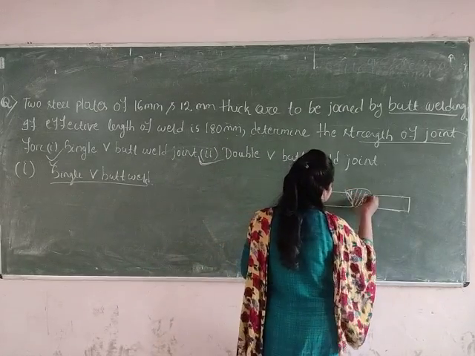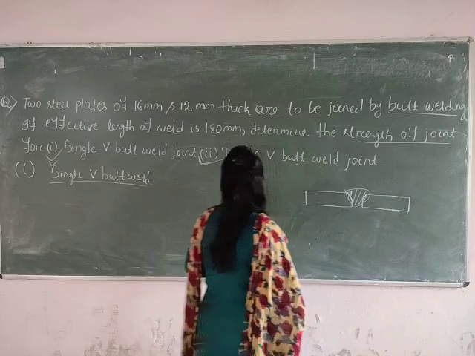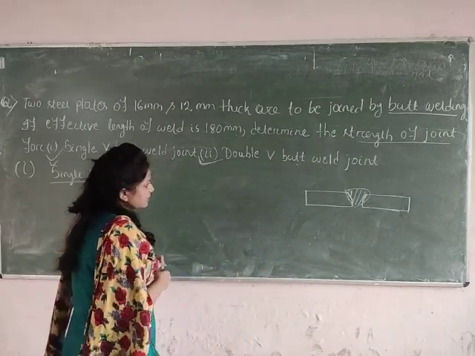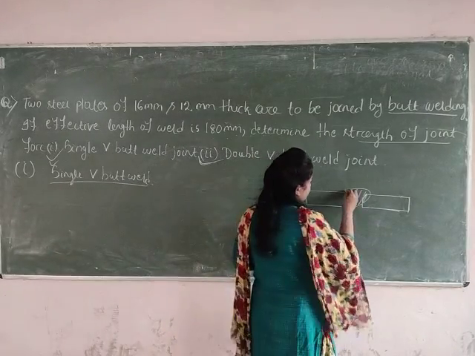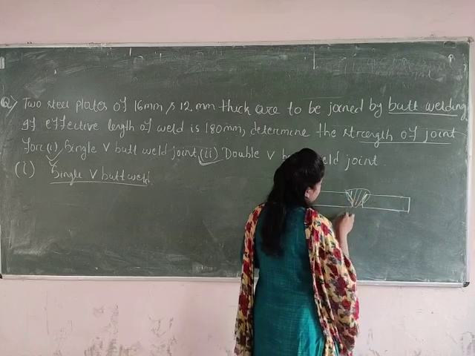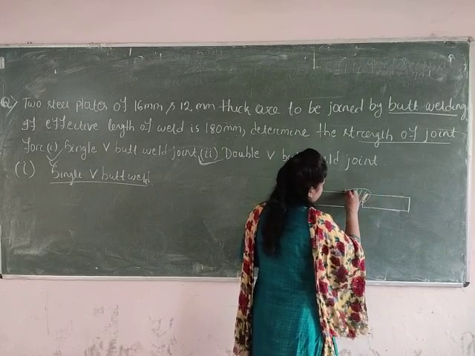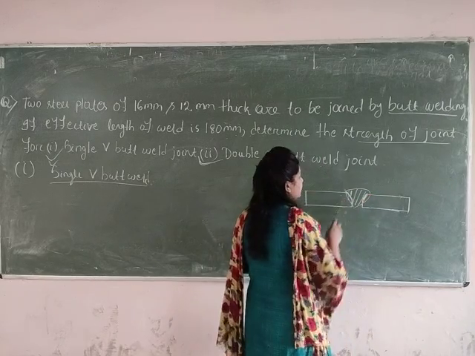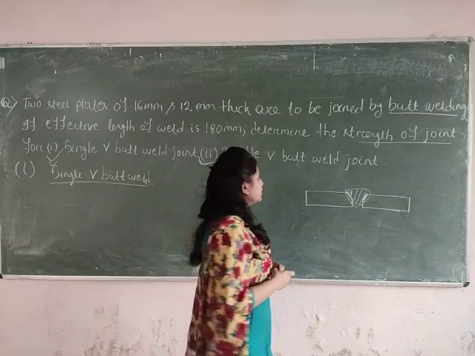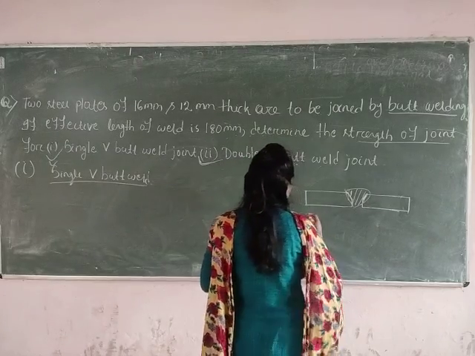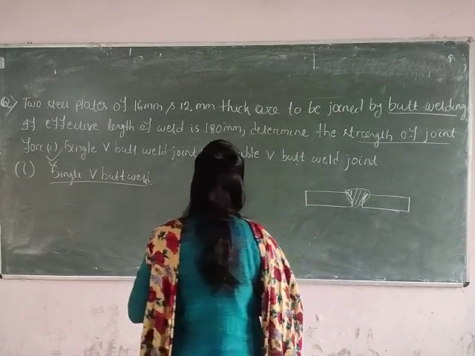So here you can see that this is the single V butt weld case, as the edges of these two plates look like a V shape at the top. And here the weld is provided only on one side. So this is called single V butt weld.